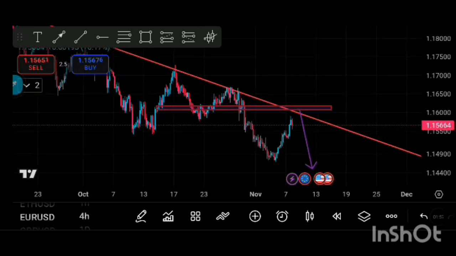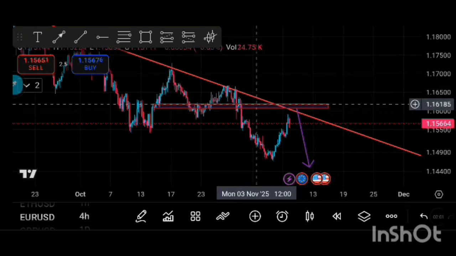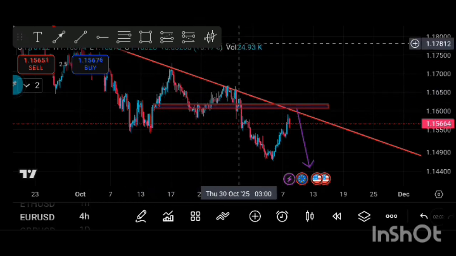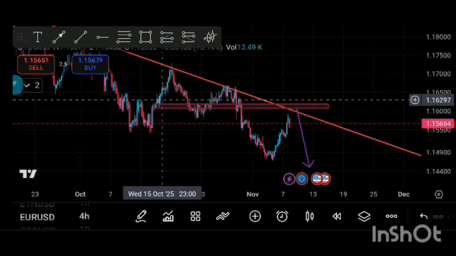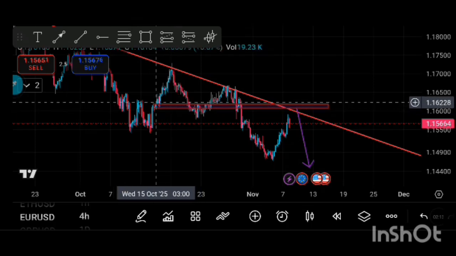So we come and we basically identify areas of resistance and support. So as you can see, this area was the area of support.